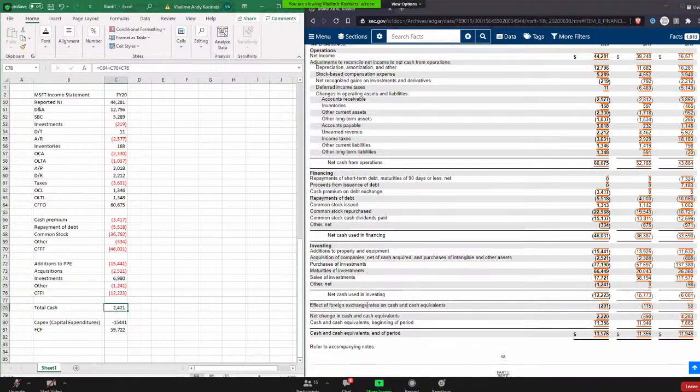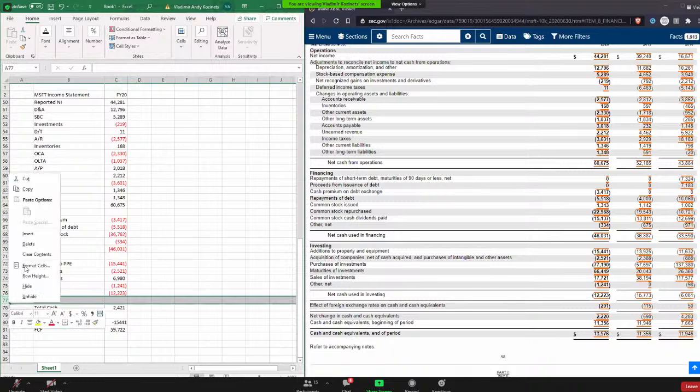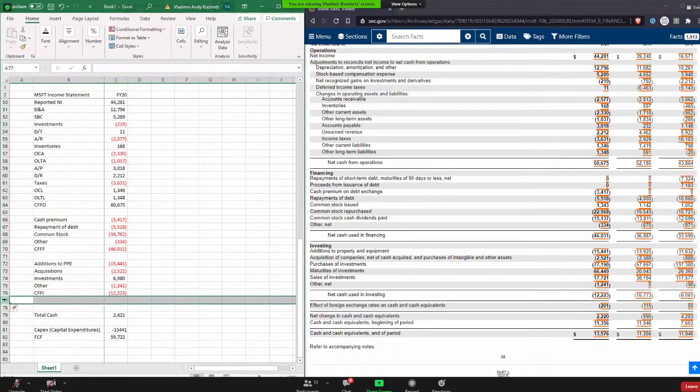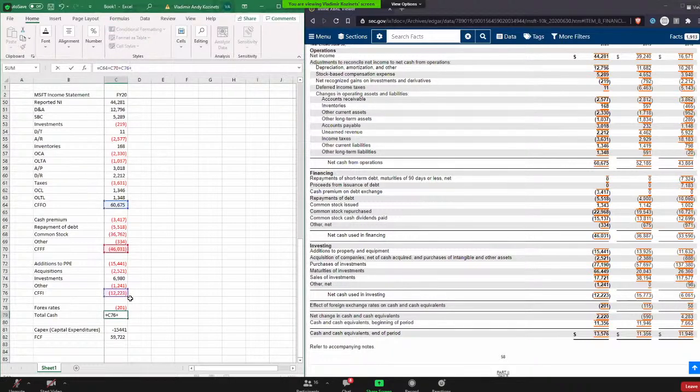It's minus the effect of foreign exchange rate, Forex. Okay. Let's add a line here for that. Okay, and minus 201. This would be plus this. And we get the same number here.